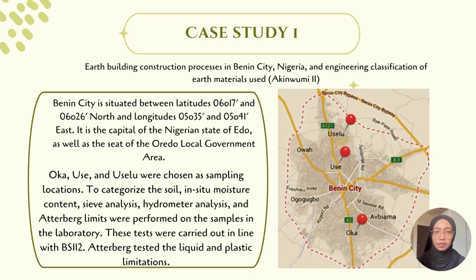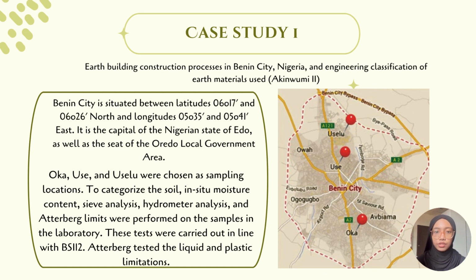Case study 1 is about earth building construction processes in Benin City, Nigeria, and engineering classification of earth materials used. Benin City is situated between latitudes 6°17' and 6°26' north and longitudes 5°35' and 5°41' east. It is the capital of the Nigerian state of Edo, as well as the seat of the Oredo local government area.